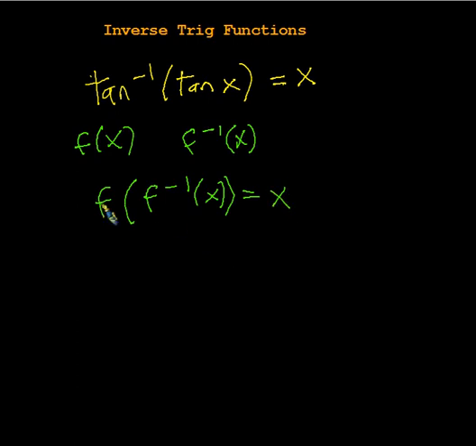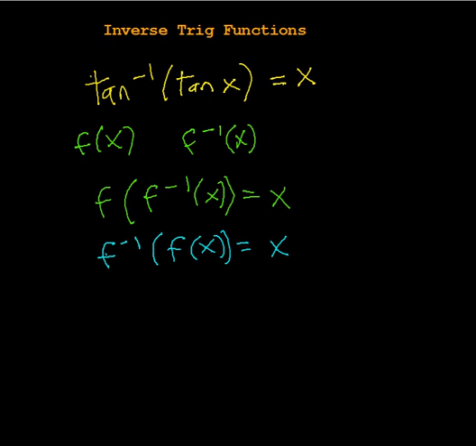In other words, this function and its inverse kind of cancel each other out, and all we're left with is whatever's in parentheses. Now, just to be clear about this, it's not always x that's the result, and we should be able to do this in two directions. We should also be able to take the inverse of f of x, and it should also pop x right out. Both of those should work just fine.